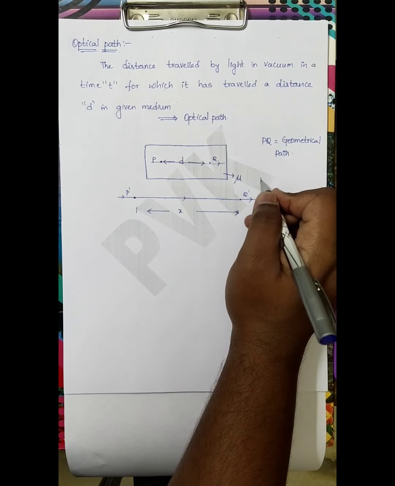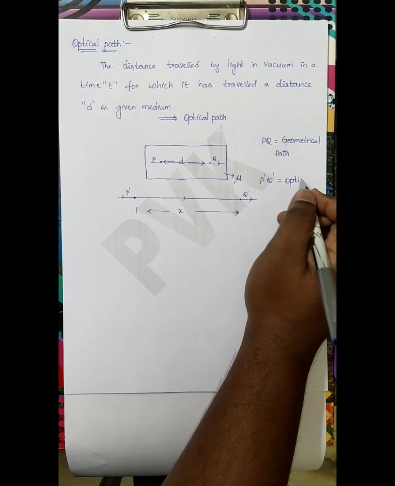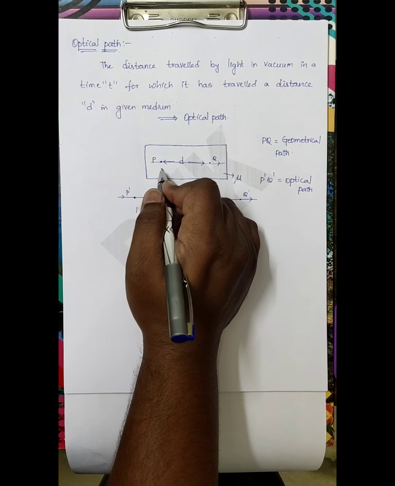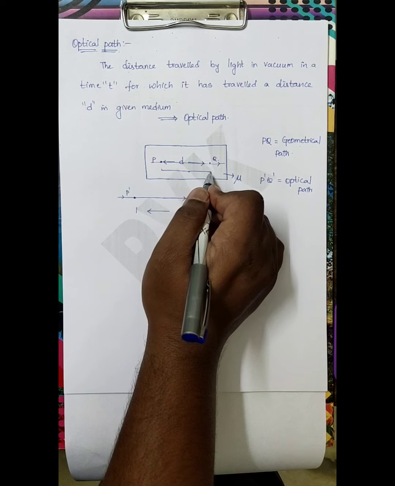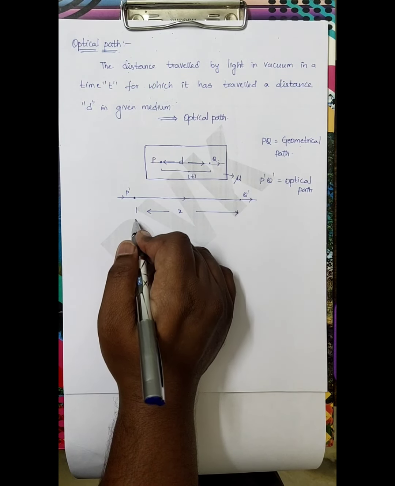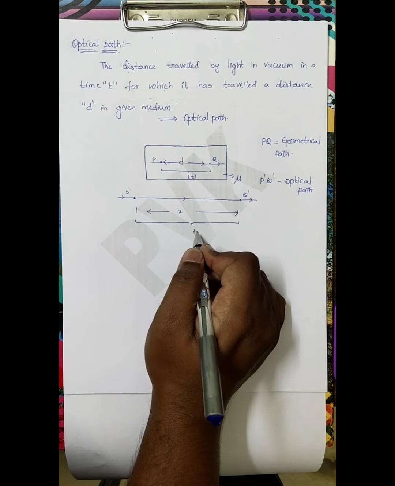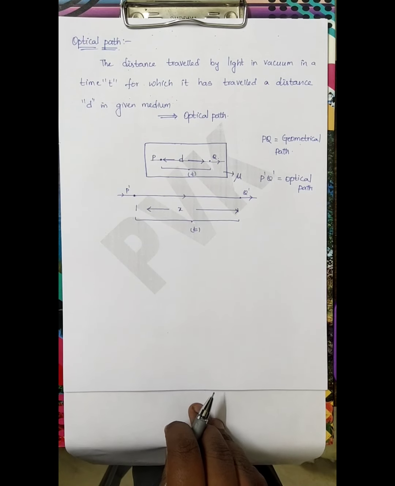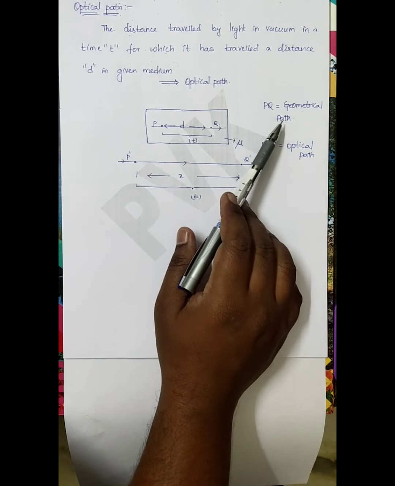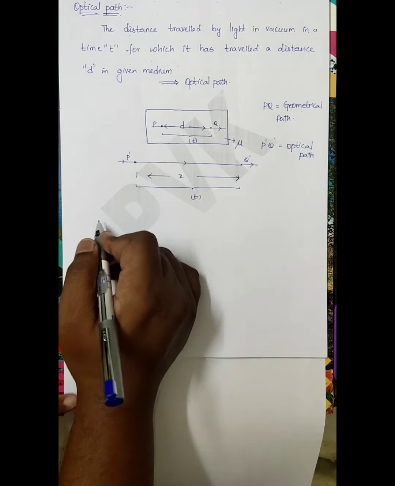And now here P dash Q dash is your optical path, and the time taken by the light to cover PQ is t only, and at the same time the time taken by the light to cover P dash Q dash is also time t only. So let us calculate now the optical path for a given geometrical path for a given medium.